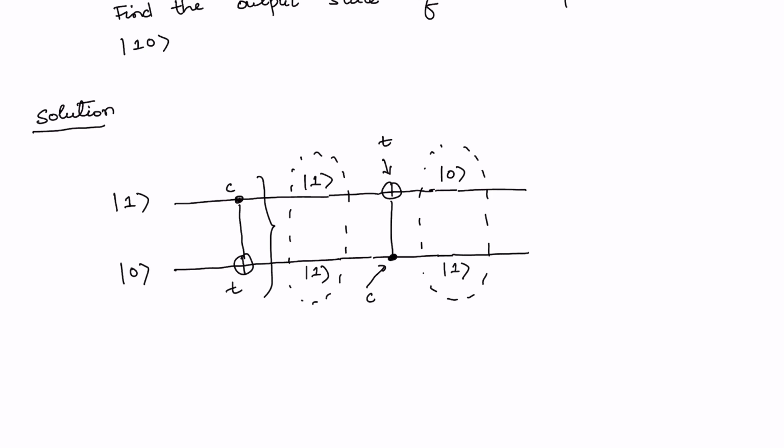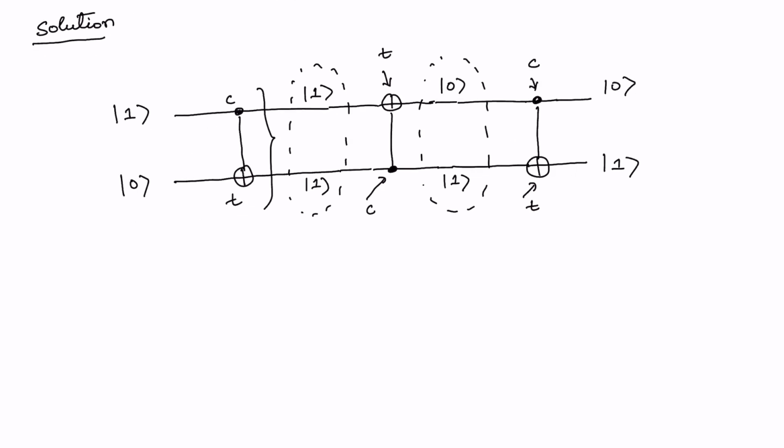Now this is followed by the usual CNOT gate. Here the control is 0 and the target is 1. Because the control is 0 and target is 1, the target is not going to get flipped, so you are going to get 01.